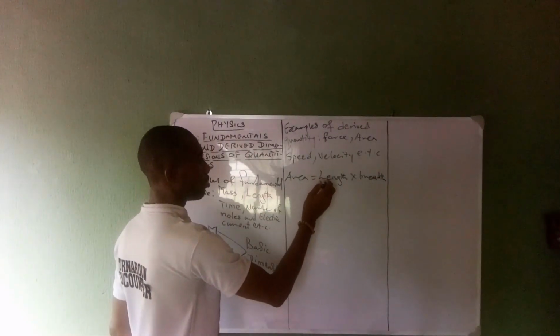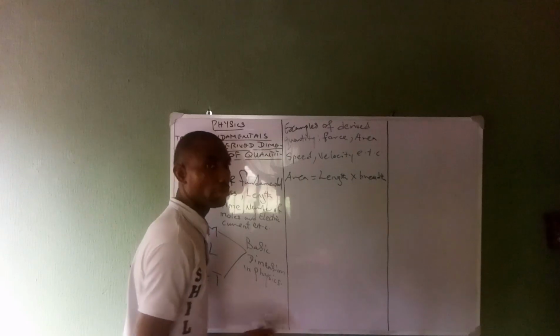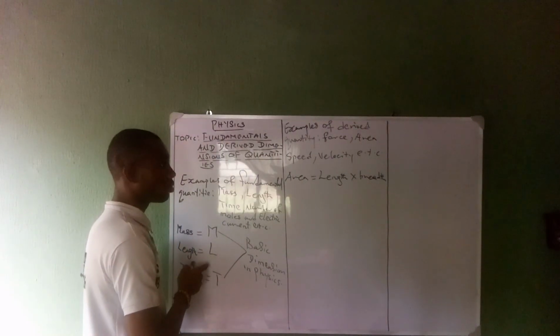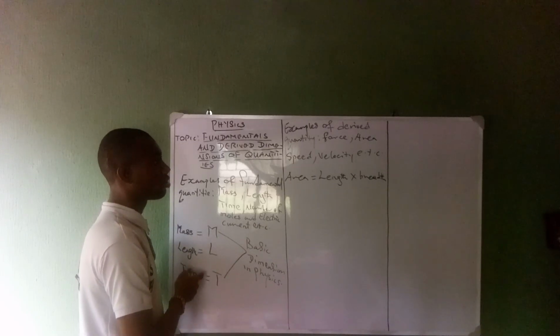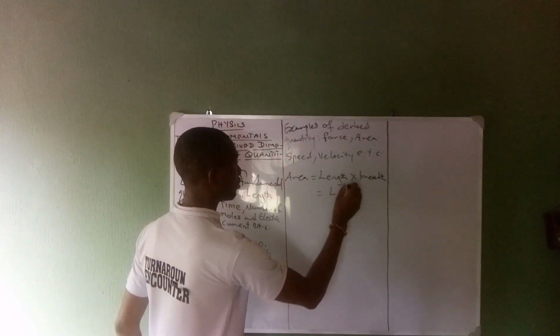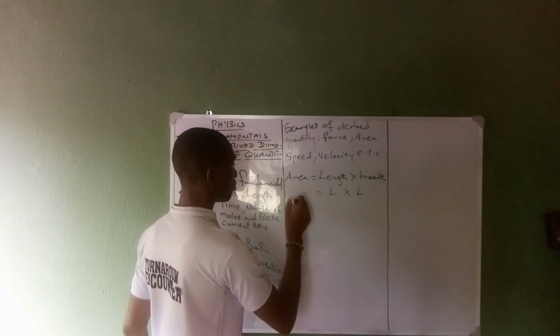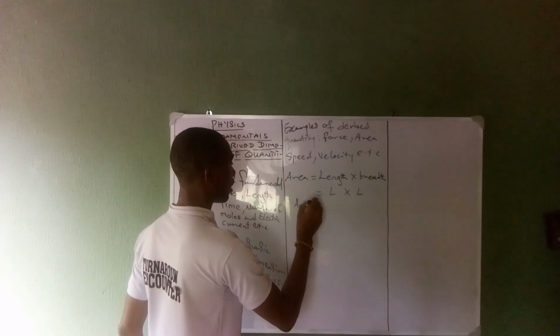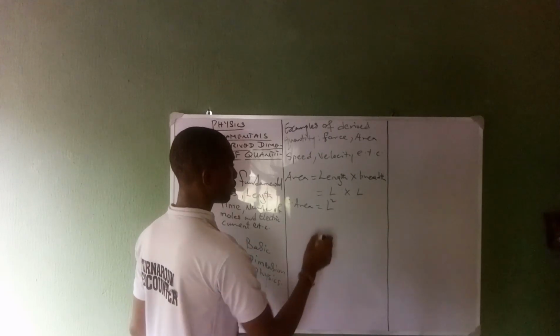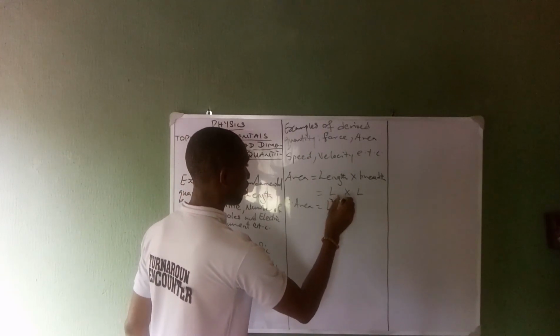If you watch, both length and breadth are measurements of space, and that space has to do with what? With distance. And the dimension for measurement of distance is L times L. So we say therefore the dimension for area is L squared.